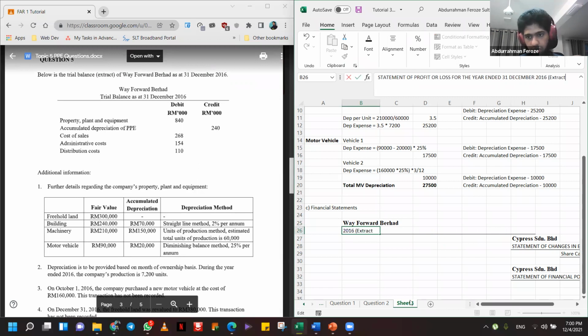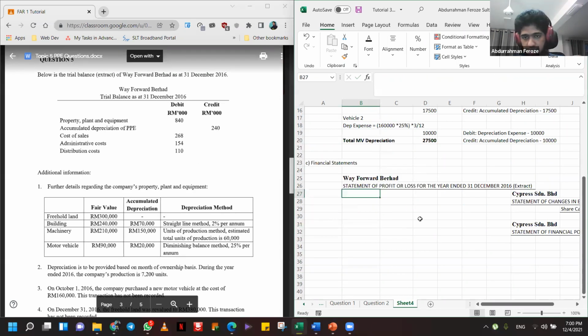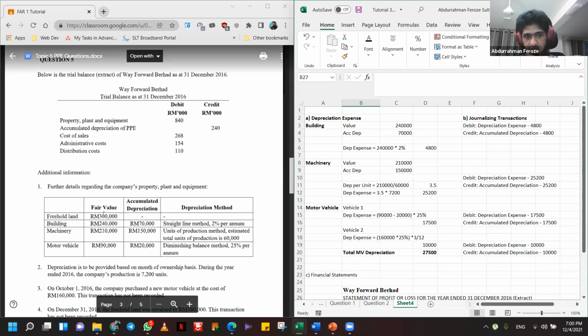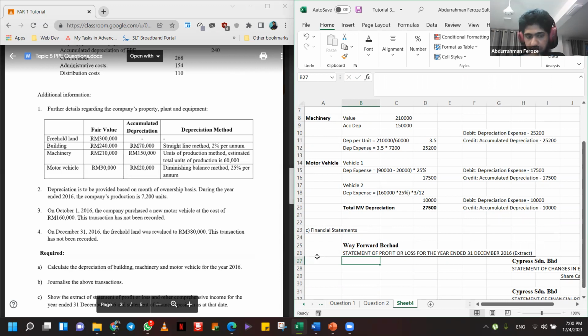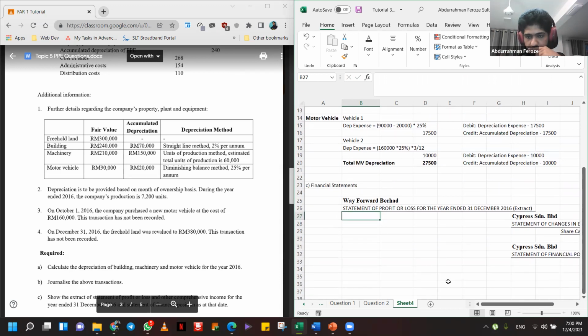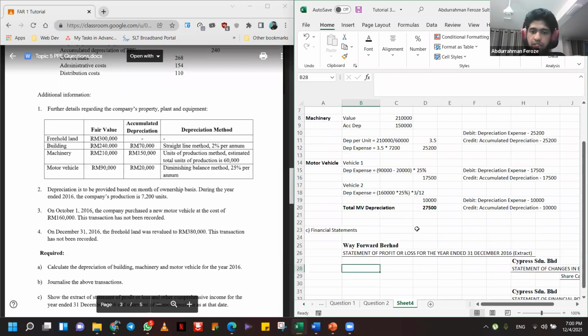All right. So what are the things that need to go into the SOPL from the journals that we have done? It's all the depreciation expenses, right?